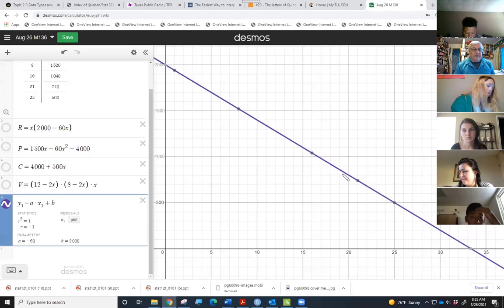And what about 18,000 units? 18,000 units would be right in here somewhere, moving toward 18. $920. So that's kind of the easy way to do that.